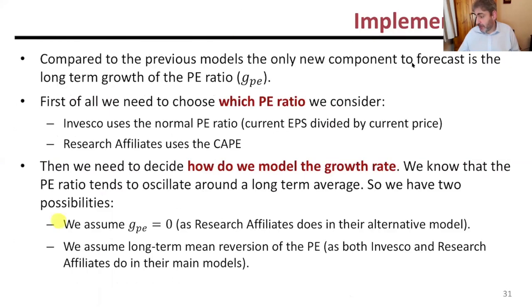So AQR says the growth rate of price earning is equal to 0. AQR says, we understand that there is a valuation change, we don't want to get bothered with estimating it, so we say it's equal to 0. Research Affiliates, if you go on the website, have two methodologies: one with valuation change equal to 0, and one where they estimate the valuation. So there are different approaches here.